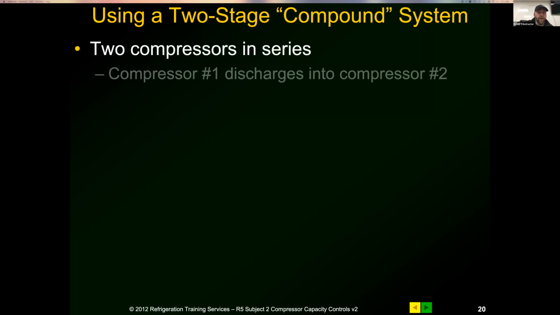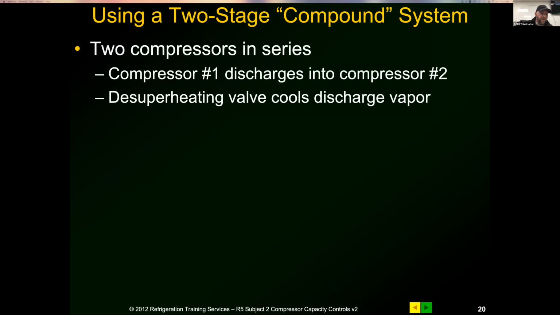So, two-stage compound systems. We're going to go over two-compressor compound systems and then Carlisle compound compressors. You hear a lot of different terms for the valves on these compressors: liquid injection, desuperheating valve, demand cooling. I'm sure I'm missing one or two names for it. It's all the same thing: an interstage valve or desuperheating valve.